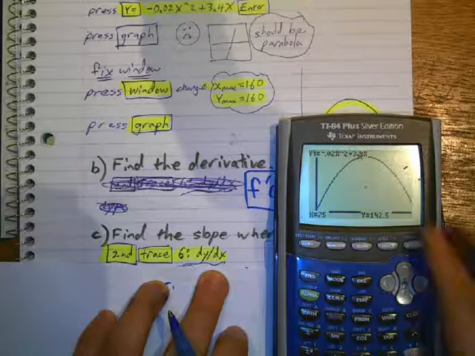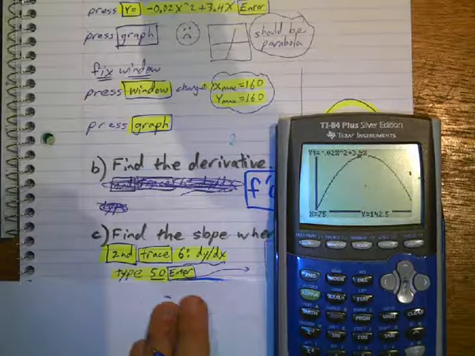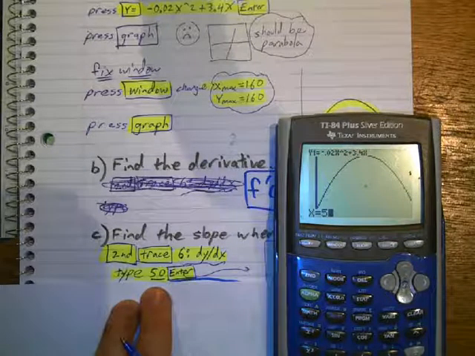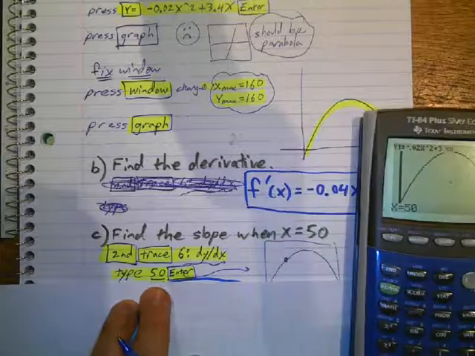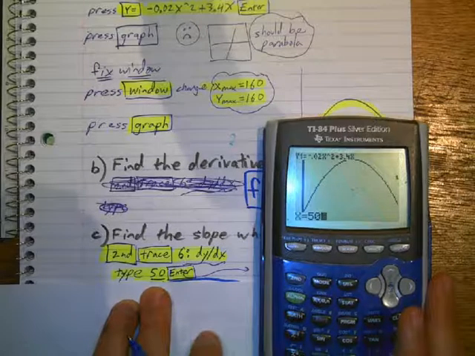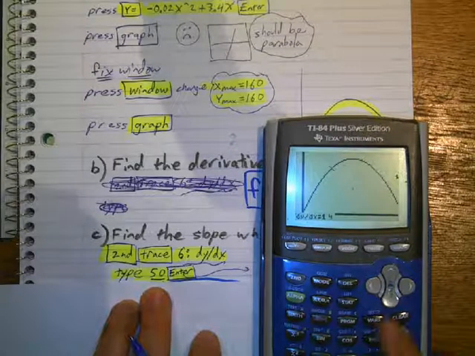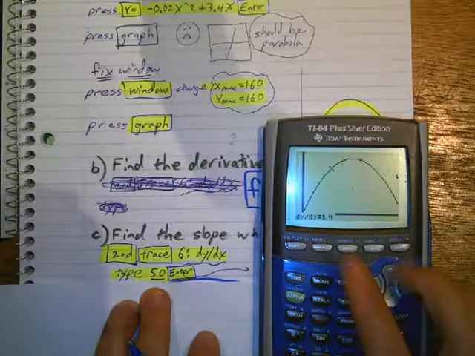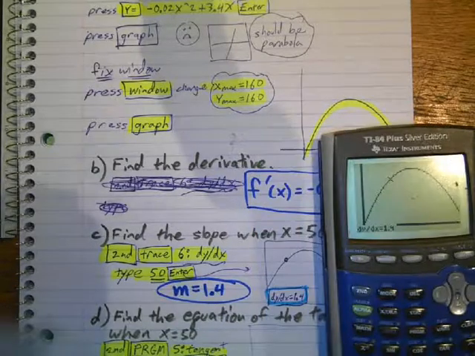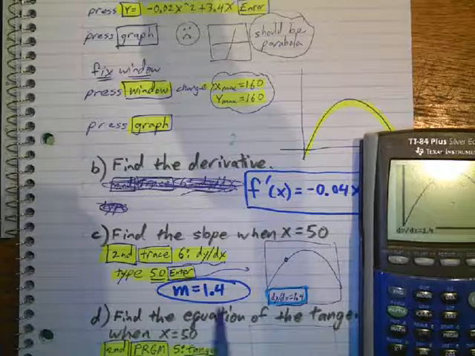And now I get the screen here. I'm going to type in 50 because I want to know the slope when x is 50, right? So I hit 50 and enter, and now it tells me that my slope is 1.4. Okay, so now I know my slope is 1.4.